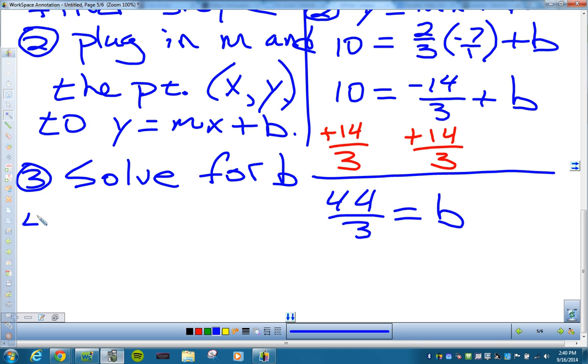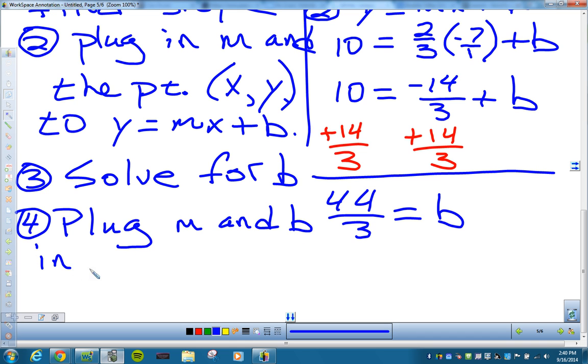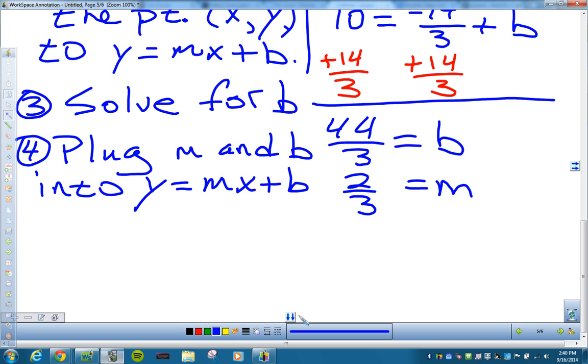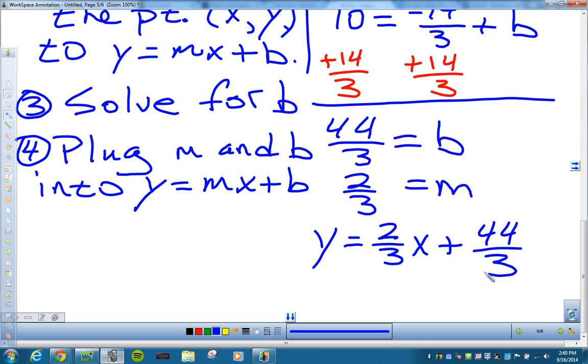And then last step, we're going to plug M and B into y equals mx plus b. So what was my M? 2/3. So what's my equation? Brianna? Perfect. Okay? New problem.